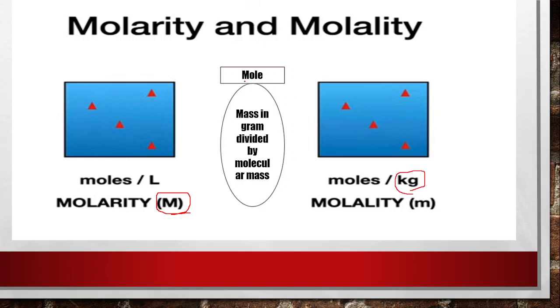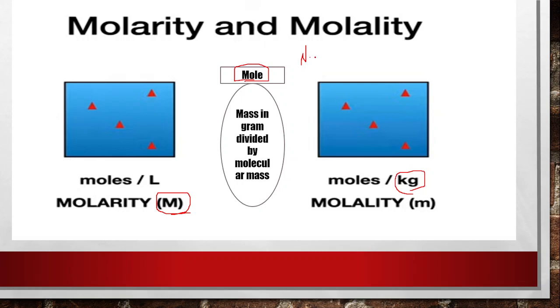How will we calculate the number of moles? There is a very common formula: mass in gram divided by molecular mass. For example, if you want to calculate the number of moles of a molecule like NaCl, and we are given the mass in gram, then we can calculate the number of moles by finding out the molecular mass of the molecule.